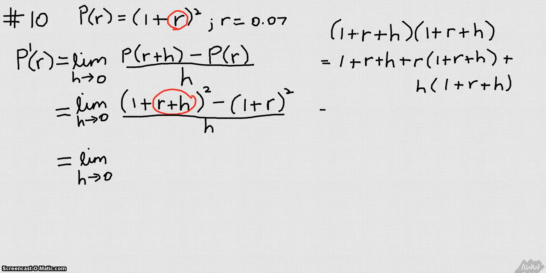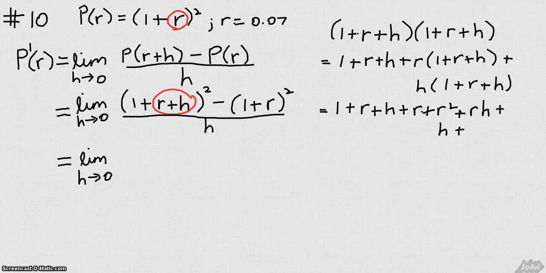So when we expand this, we end up with 1 plus r plus h plus r plus r squared plus rh plus h plus rh plus h squared.